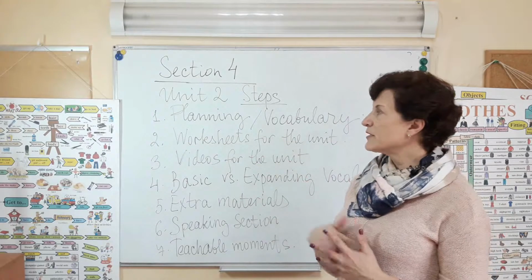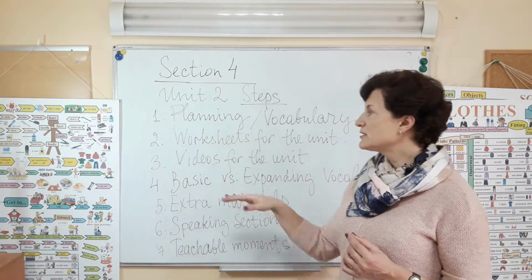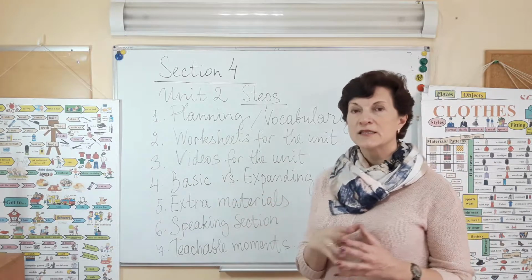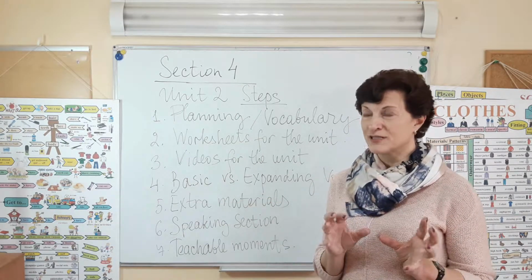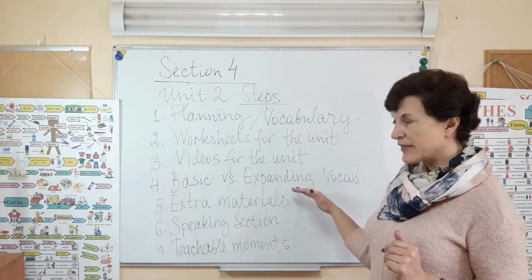After you have examined the planning, the worksheets and the videos, it's important to understand that the vocabulary of any unit is divided into the basic vocabulary and the expanding vocabulary.